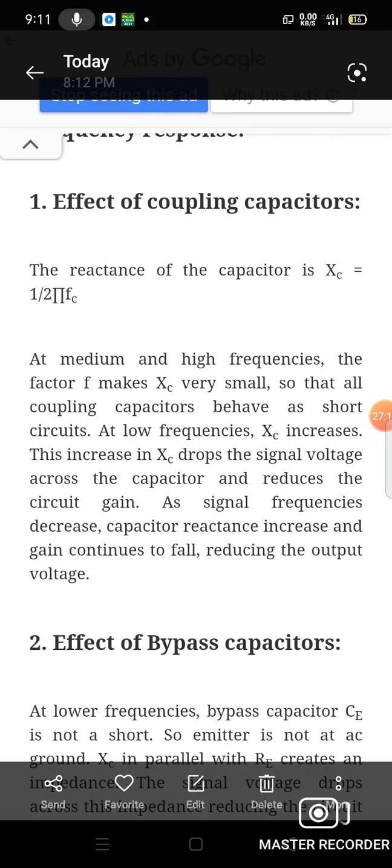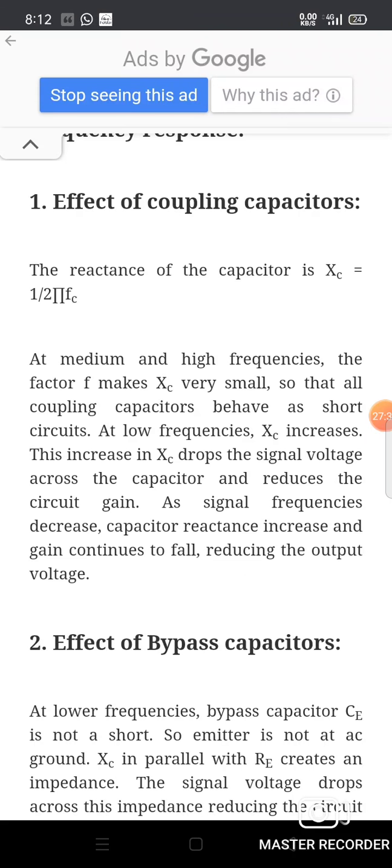At medium and high frequencies, the frequency F is higher, and what happens is the capacitive reactance goes low because the frequency is increased.